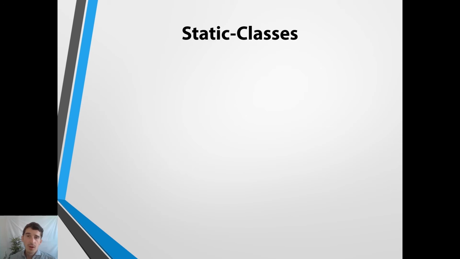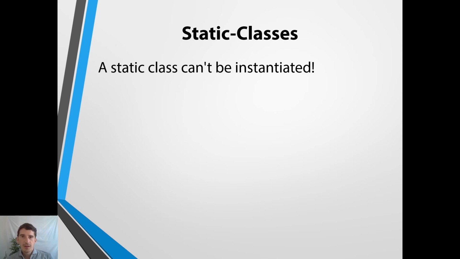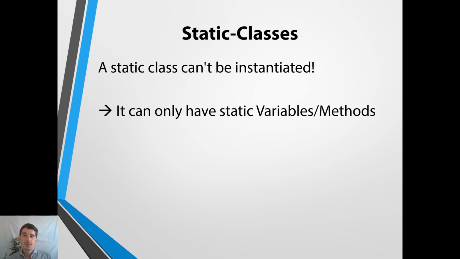And last up, we have static classes. Static classes, there's not much to say about them. That's just a class that can't be instantiated. So it can only have static variables and methods, and there cannot be an instance of this class. And that's all there is to know about this. Now, static classes are sometimes used to create so-called util classes. These are classes that just provide some utility.